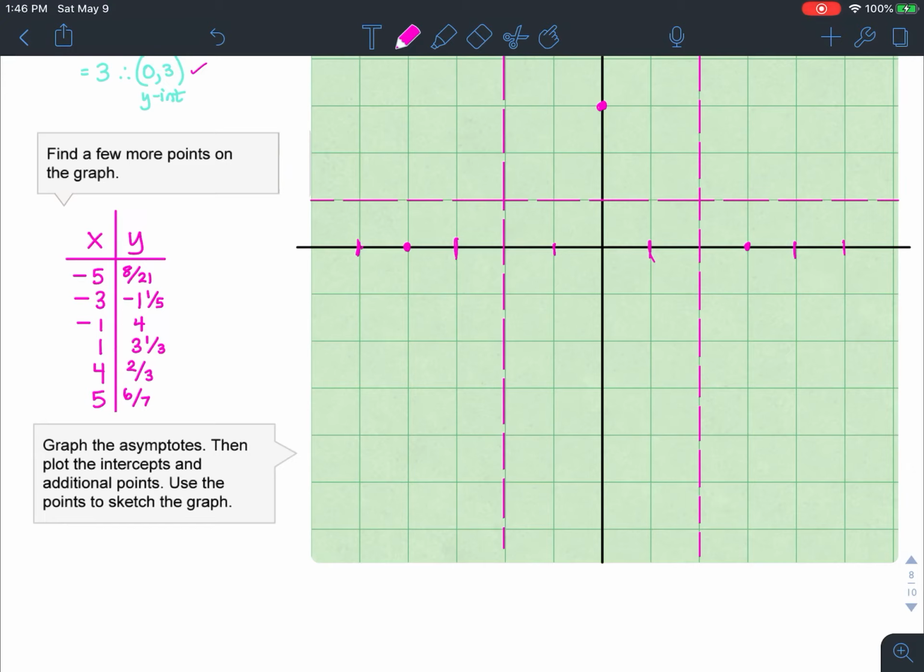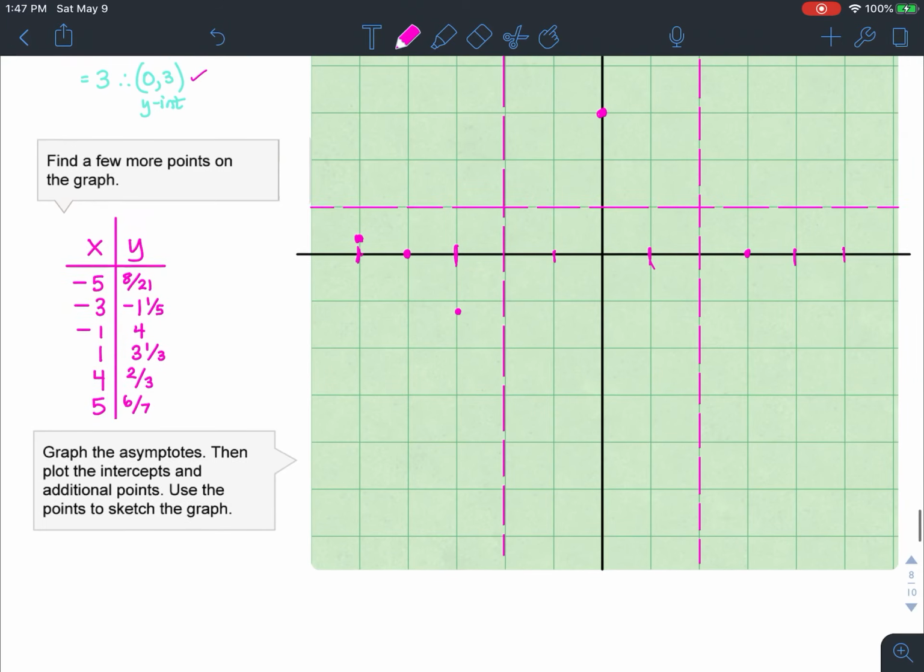Just plot the points. That's it. So -5, 8/21. So that's around a third. You don't have to get nuts. So left 5, up like a third. Okay, that's fine. Over -3, down 1 1/5. -1, up 4.